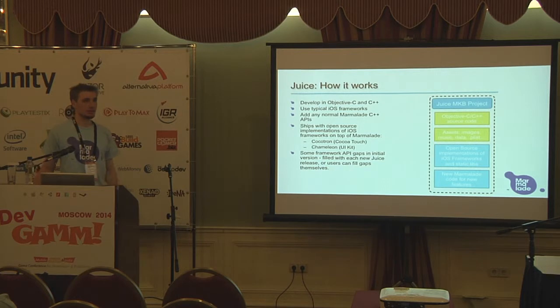That can easily be done by appending your code in C++ or using some extensions, but you still use Objective-C for development. You can use typical iOS frameworks, and any normal Marmalade C++ APIs you would need to ship with your project.